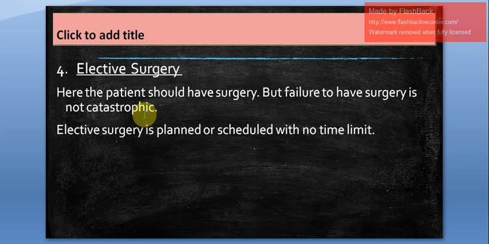Here, the patient should have the surgery, but failure to have surgery will not cause any major issues. This elective surgery is actually a type of planned surgery because it does not have a particular time limit. You can schedule it anytime. So that can be called an elective surgery. The patient should have the surgery but it is not very much an emergency. It is usually planned or scheduled after some time.